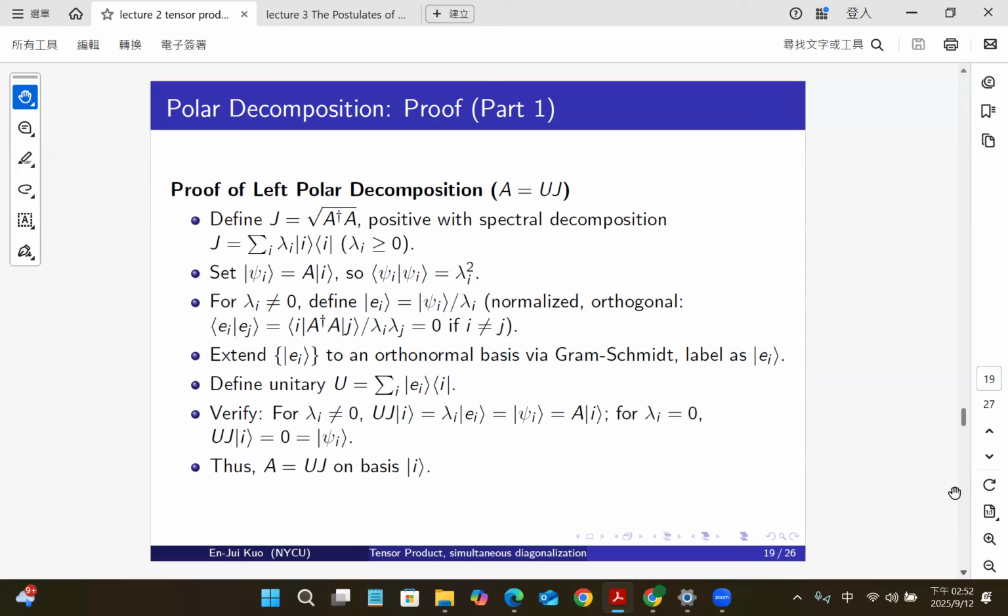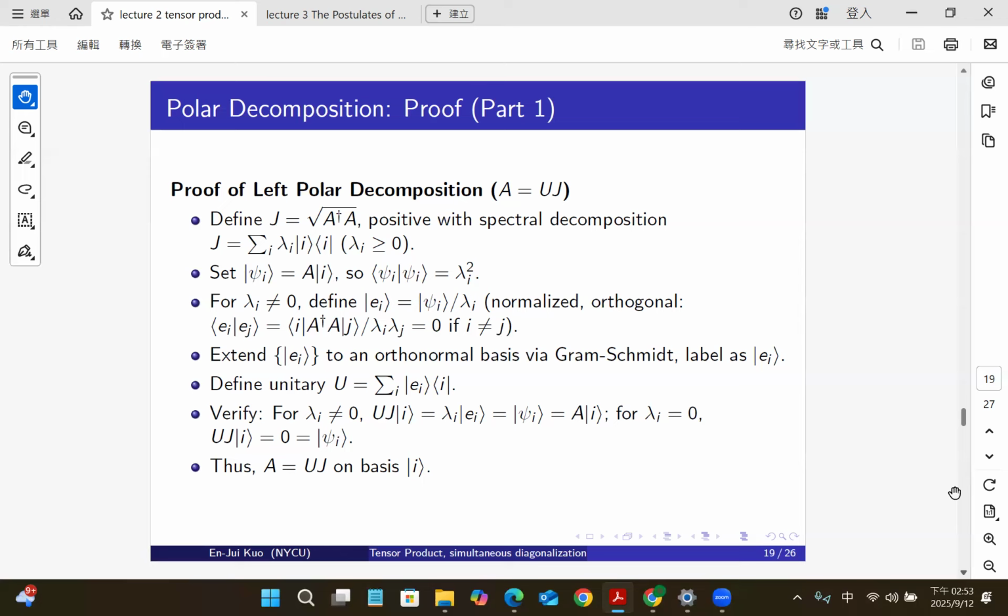When lambda i is 0, it's trivial, because then U J i is 0 and the same for A applied on i. So that means that A equals U J on all the orthonormal bases.